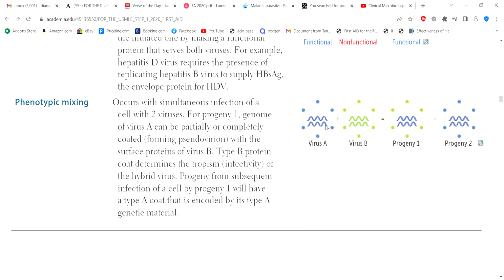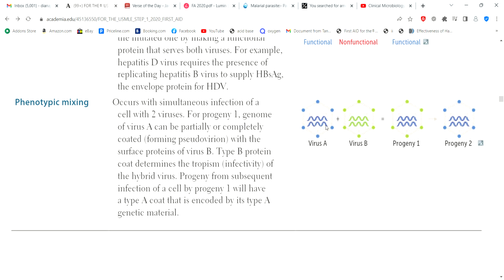Alright, so what this is saying is that the surface proteins, remember, those little projections on the outside of the enveloped virus, are the outside coating of one virus. They coat the genome of the other virus.